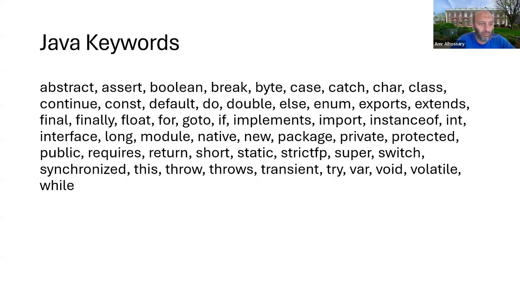Around 40 keywords that you cannot use otherwise because they have specific meaning. Here are the words in alphabetical order: abstract, assert, boolean, break, byte. You don't need to know any of them now; we will use most of them later.